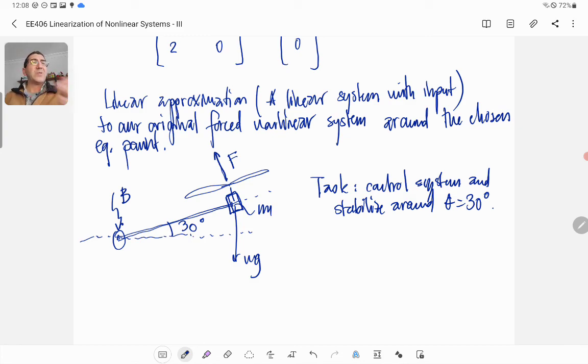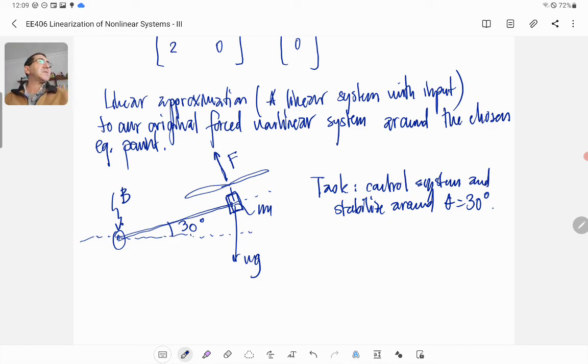That will give us an equilibrium input, essentially the DC component of a force, the equilibrium force, that will basically keep this around this point.